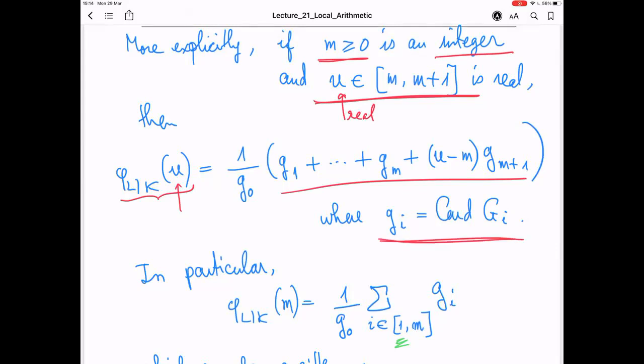And where gi is the cardinality of the group G_i.